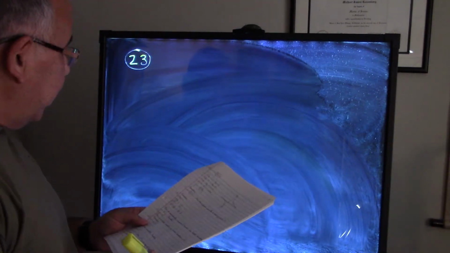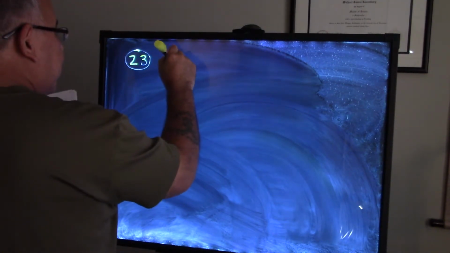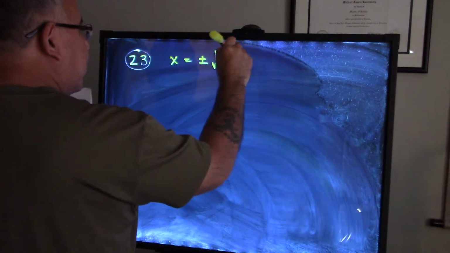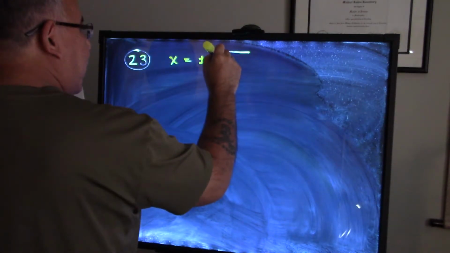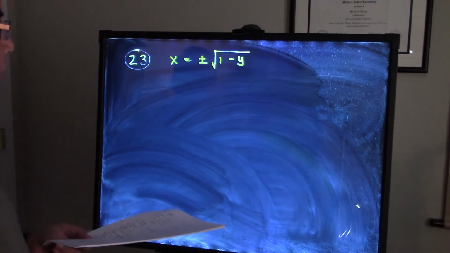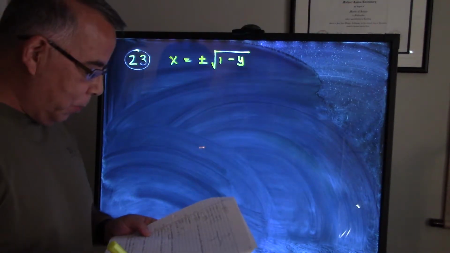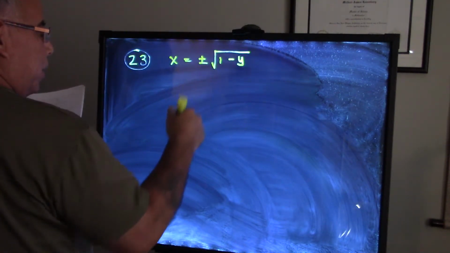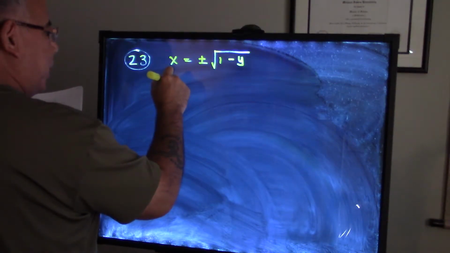Problem 23, we have x equals plus or minus the square root of 1 minus y. So the positive and negative square root of 1 minus y. To clear this radical, we square both sides.